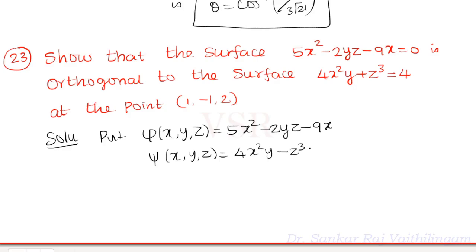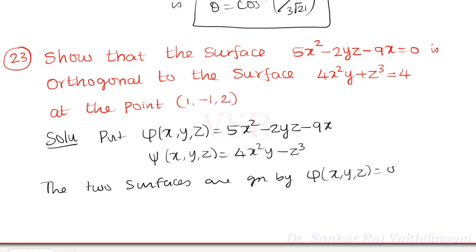So the two surfaces are given by phi of x comma y comma z which is equal to 0 and psi of x comma y comma z which is equal to 4.